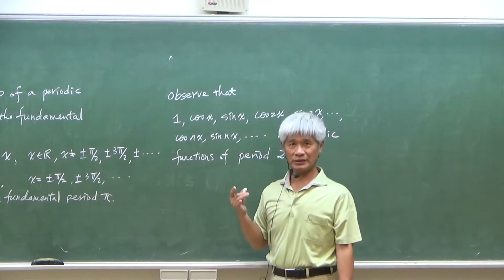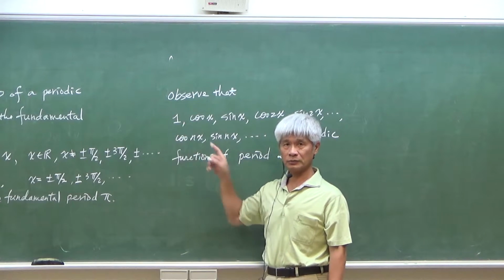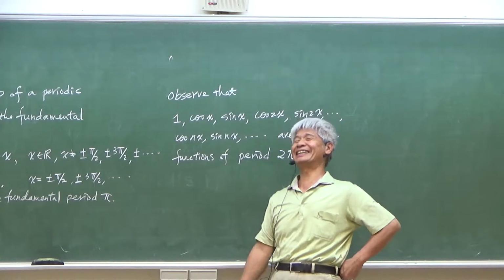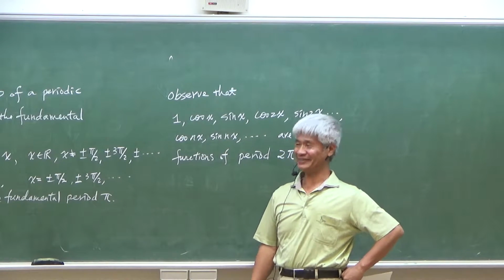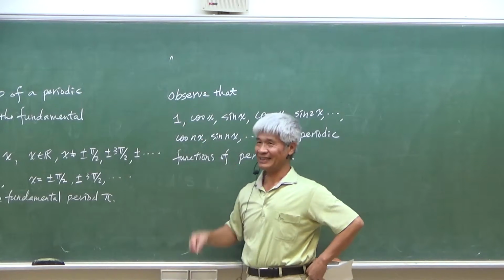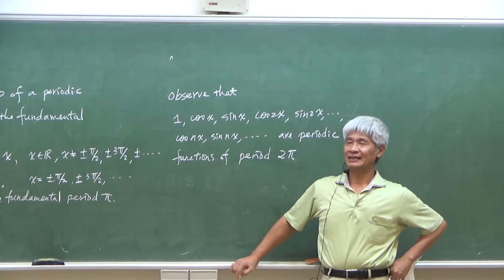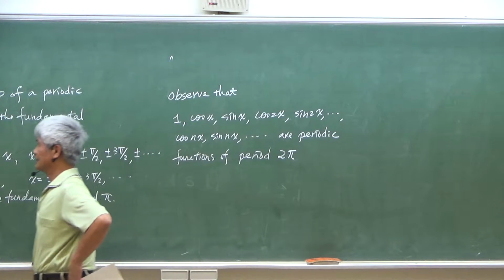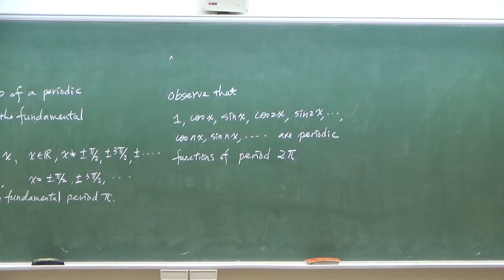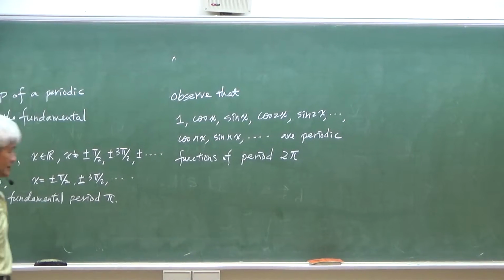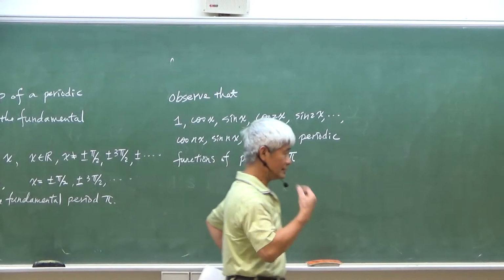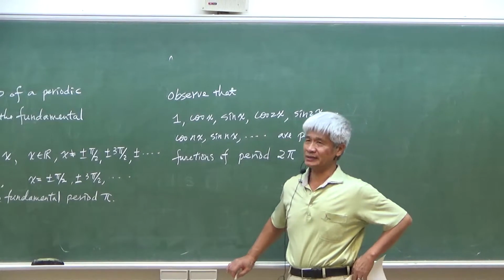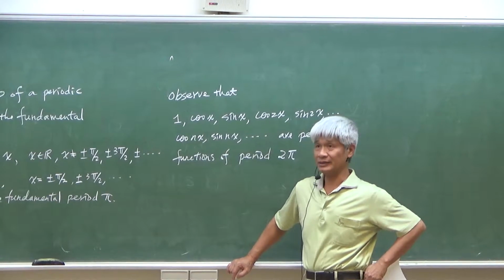Now, my question is, what is the fundamental period of the constant function 1? Zero? Well, it's hard to say. That is an interesting question. The constant function has periods approaching 0, so you can say the period is 0.